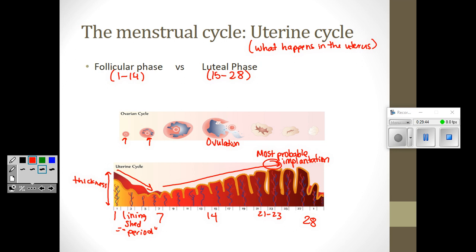It's also the spot where, in a woman's cycle, if she were having some reproductive technology to assist her in becoming pregnant, maybe she was having IVF, this would be the time you would want to implant an embryo, when her uterus is at its thickest. Now, if we ask ourselves, why is the uterus its thickest here?